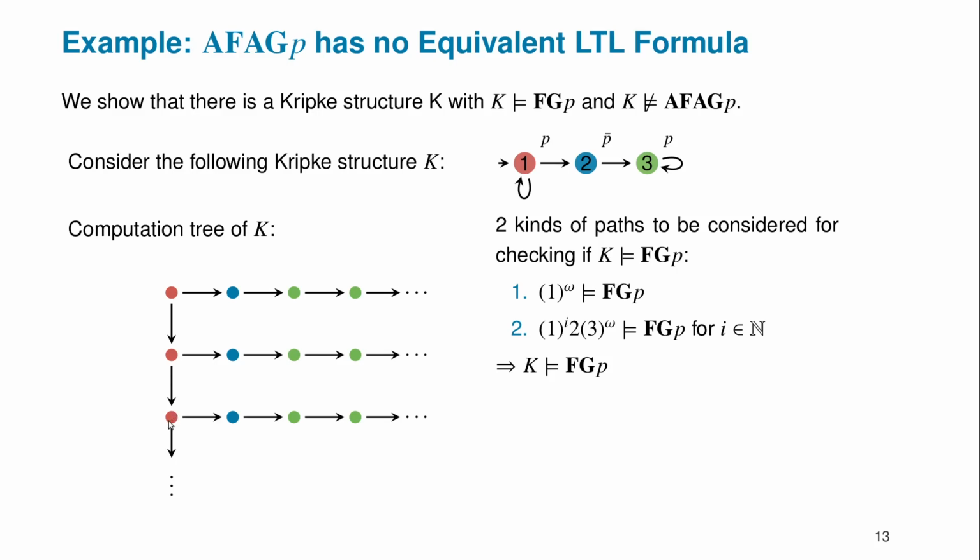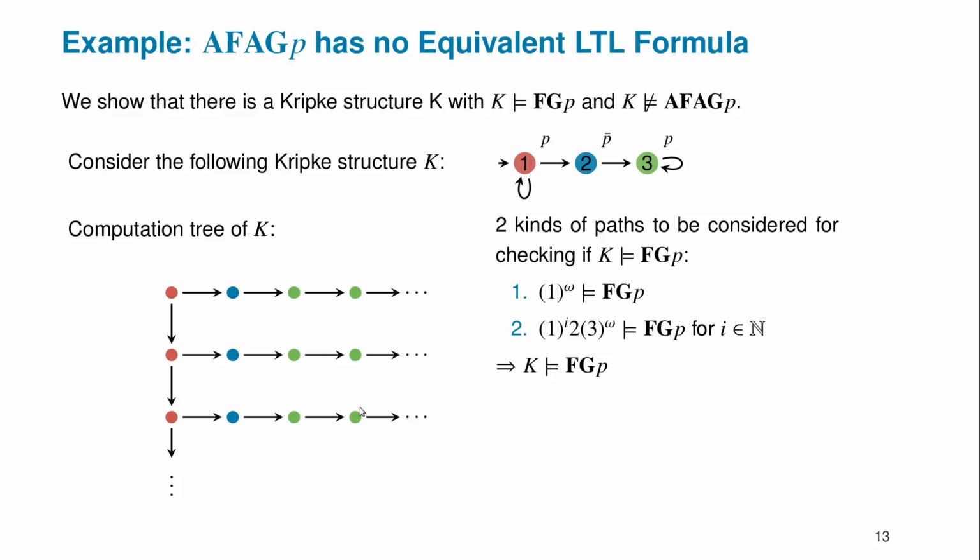So if we just start with this state here, then globally P does not hold because we have the blue circle here. But if we proceed on this path and go to this state here, to the first green dot, then we found a state where we start a path in which globally P holds.